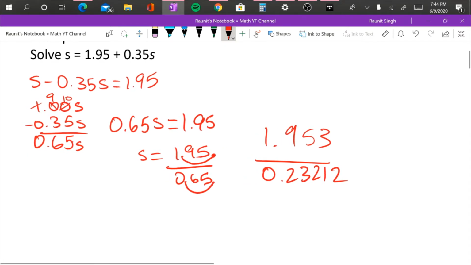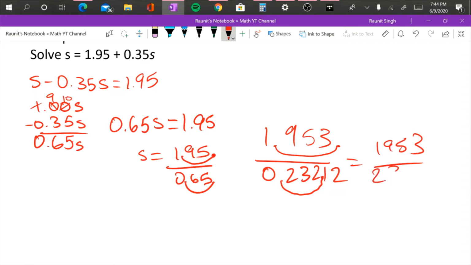So since there are 3 numbers over here and more than 3 numbers over here, you can only move the decimal 3 places on both. So we just do that, and then the final thing would be 1953 over 2321.2.